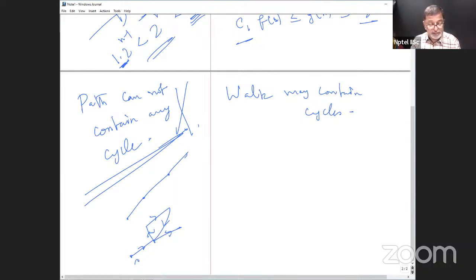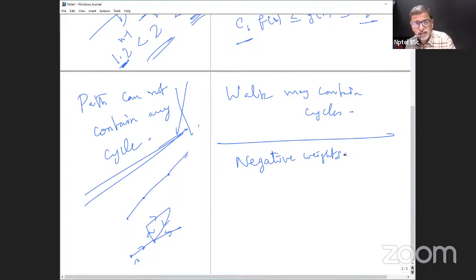Okay, now there is one question on what is the significance of negative weights. Why should we consider negative weights? See, for any concept, if there is a positive, there is something called a negative, the opposite of it.